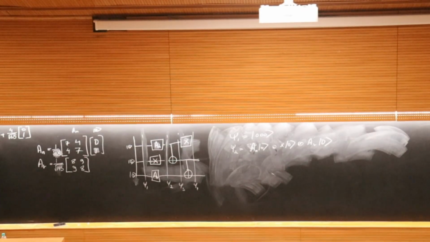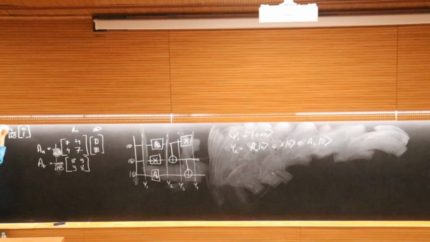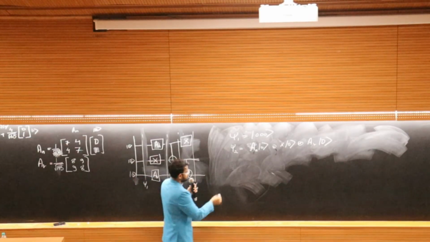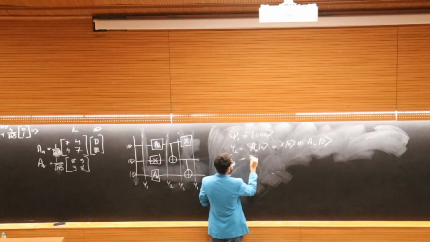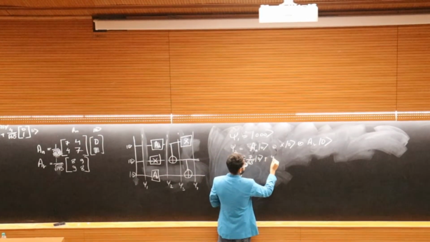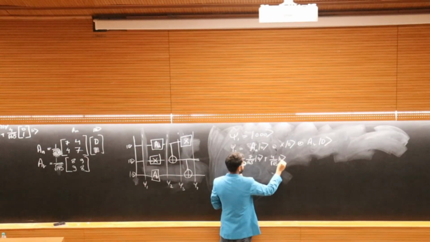Can you write this as this value? And basically now this is your get 0 and this is your get 1. So basically this will get changed to 7 by root 65 0 plus 4 by root 65 1.